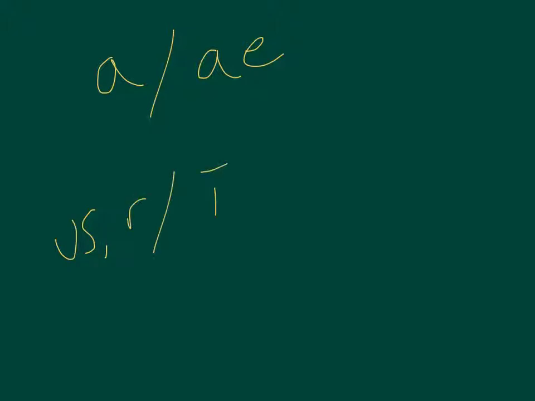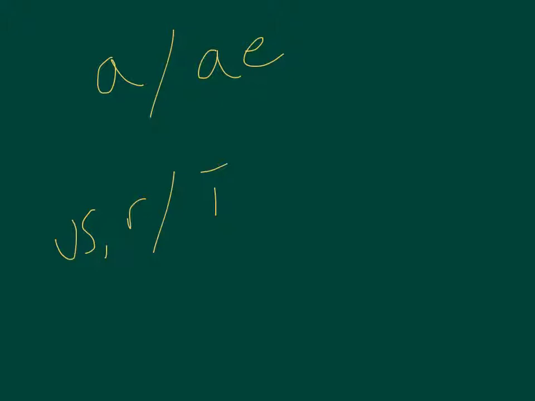So we've already seen how Latin nouns can be singular or plural based on a changing of their endings. We've seen the A, we've seen the AE. We've seen the US and the long I for a change of singular and plural.